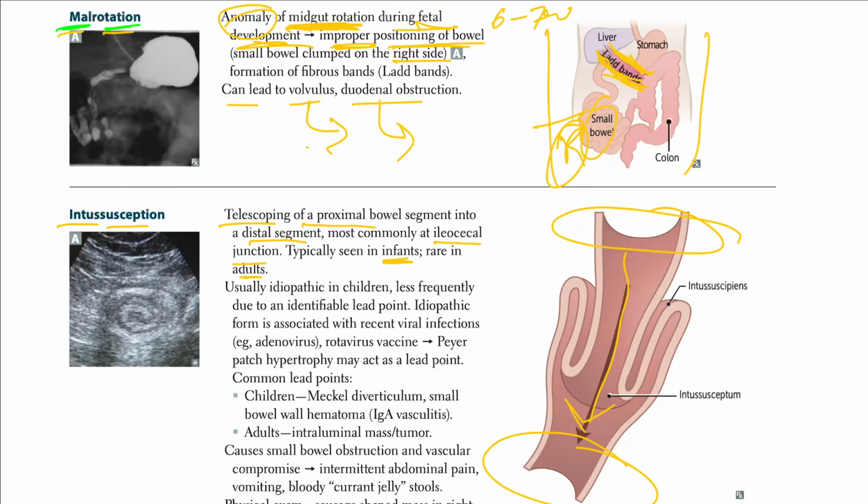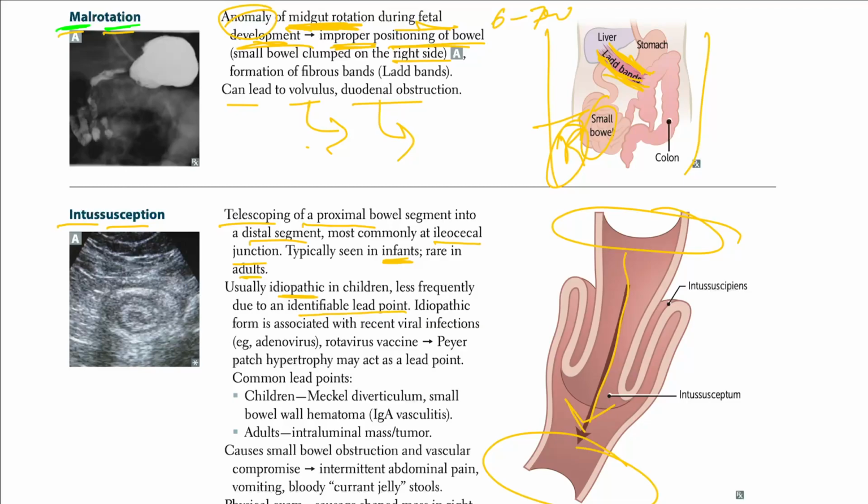Usually idiopathic in children, less frequently due to an identifiable lead point.